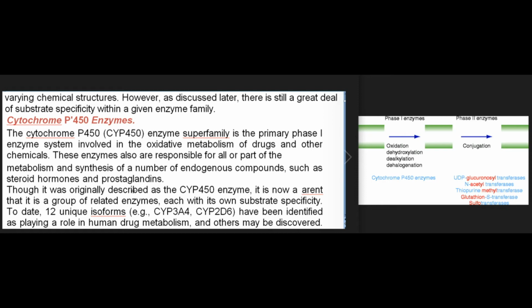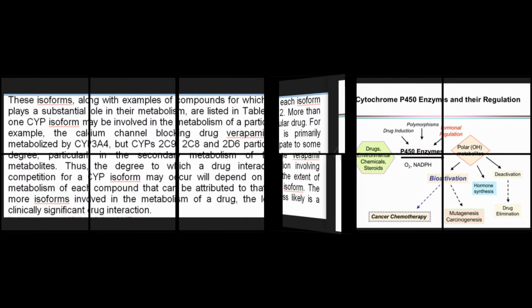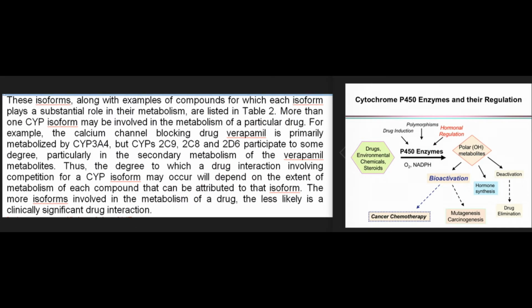To date, 12 unique isoforms, for example CYP3A4, CYP2D6, have been identified as playing a role in human drug metabolism, and others may be discovered. These isoforms, along with examples of compounds for which each isoform plays a substantial role in their metabolism, are listed in Table 2.